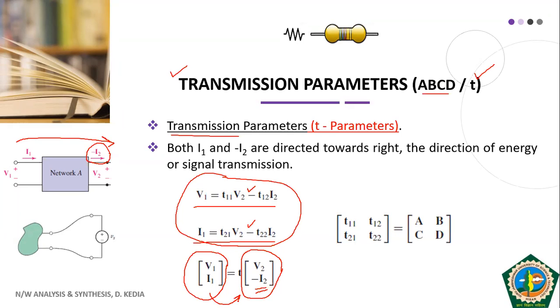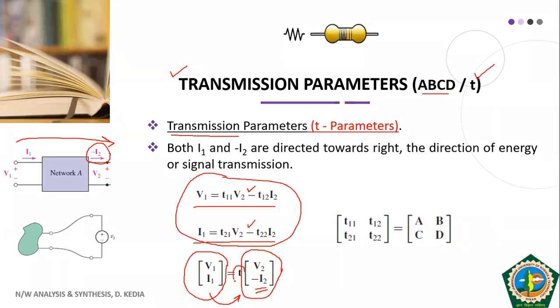One of the students was asking how we are defining these equations. Just by this analogy we can easily define these equations. Since it is a transmission parameter, we need to transmit from input to output. So at the input we will have V1, I1, at the output we will have V2, I2, and since we are transmitting, the direction of current is reversed, so that's why it has been taken as minus I2.